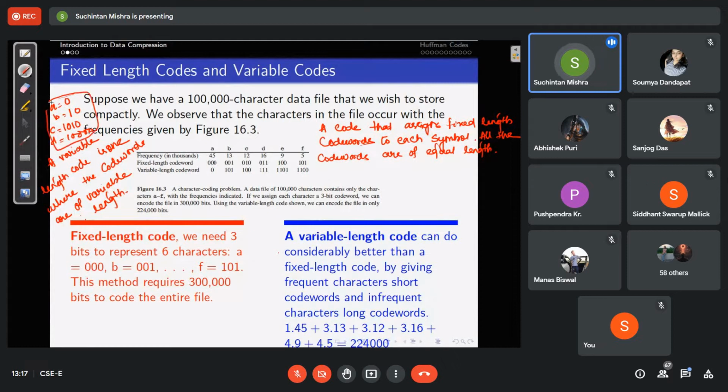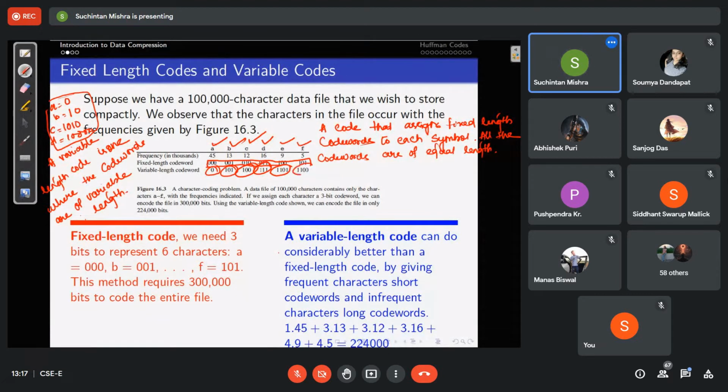The difference between a variable length code and a fixed length code is the number of bits in the code words. If you see, this row is for a fixed length code and the last row is for a variable length code. In the variable length code, the code for A is single bit. The code for B is 3-bit. The code for C is 3-bit. The code for D is 3-bit again. The code for E changes to 4-bit.